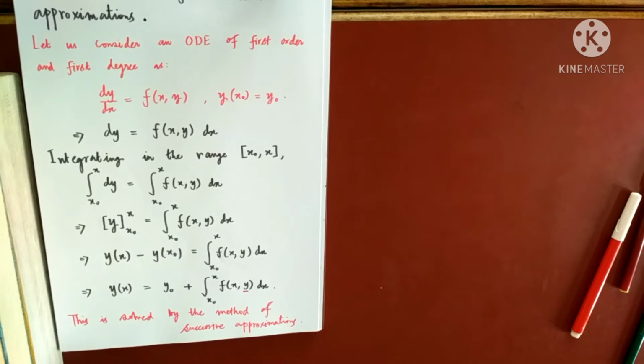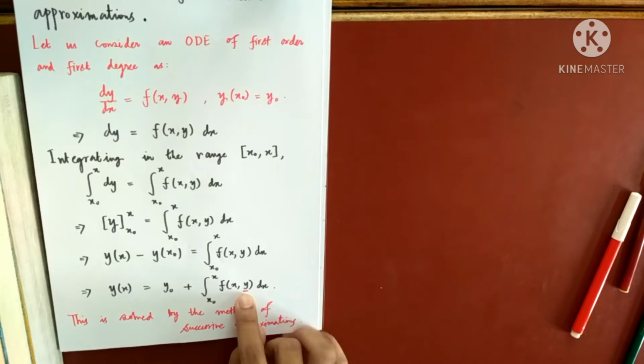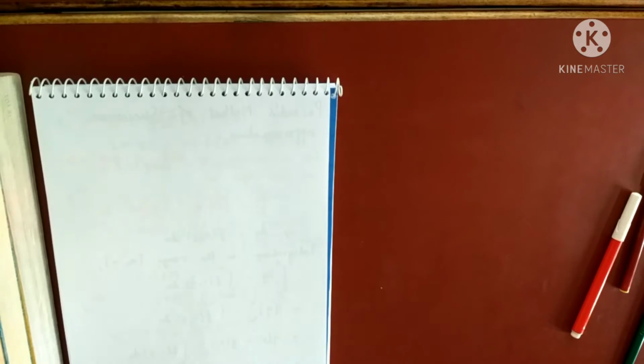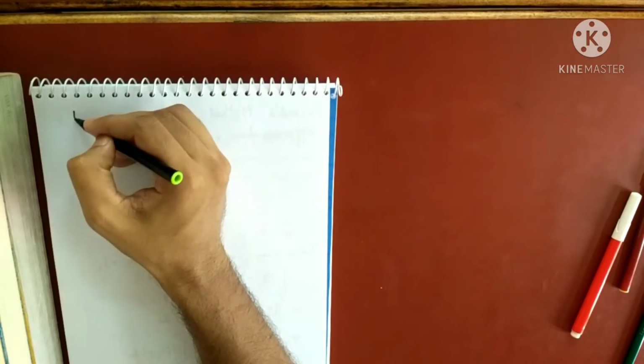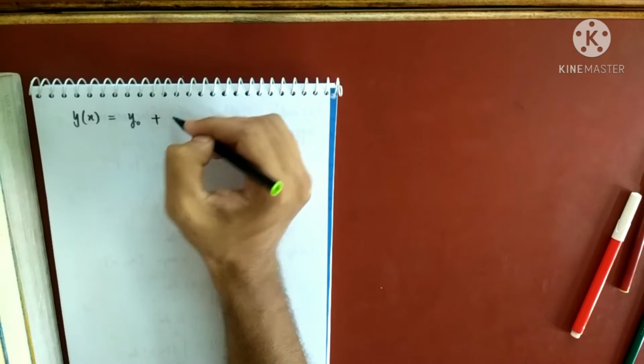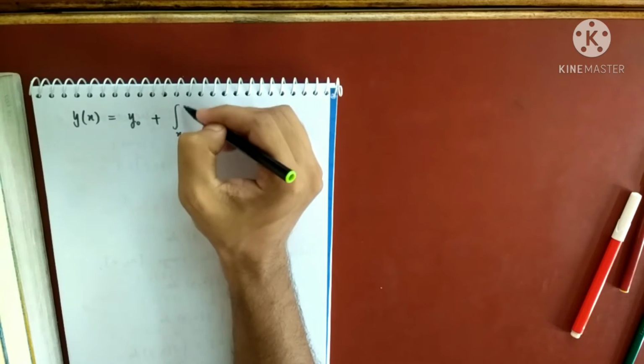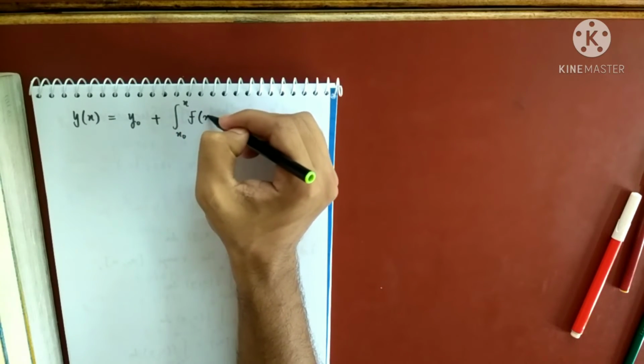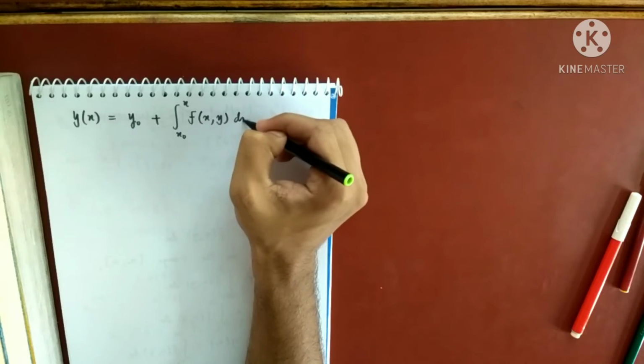So what is this method of successive approximation in something called an integral equation? We basically replace this y by y naught. So try to understand my point. I will replace this y by y naught. So that means I had y of x equals, I am writing the last line again, y naught plus integral x naught to x f of x comma y dx.